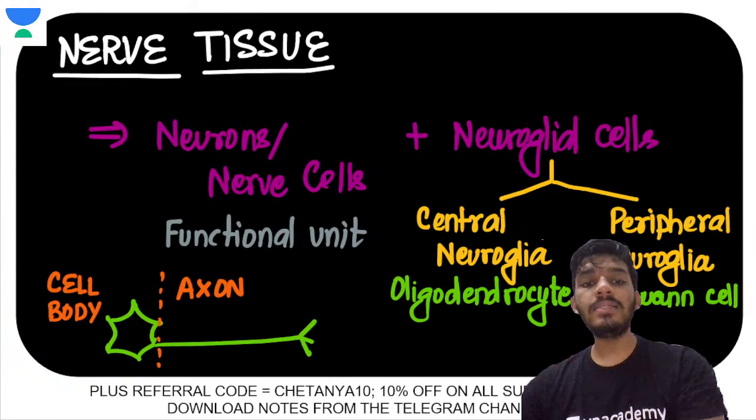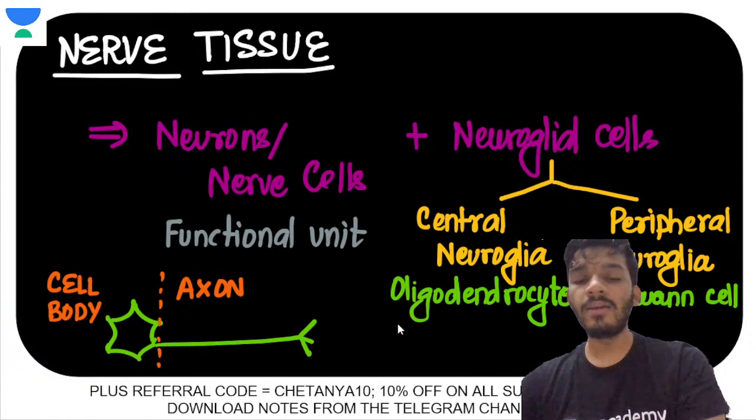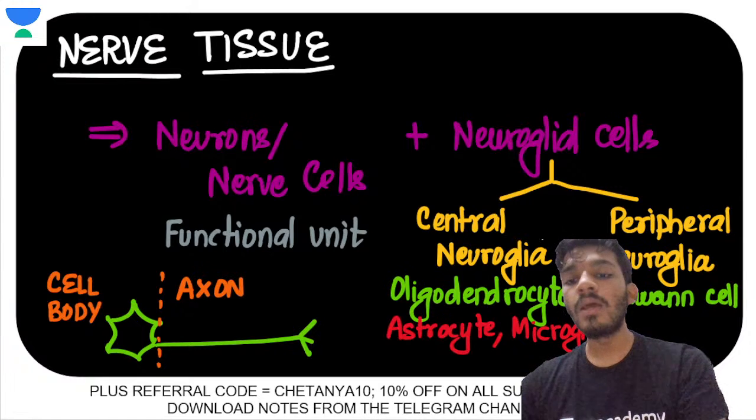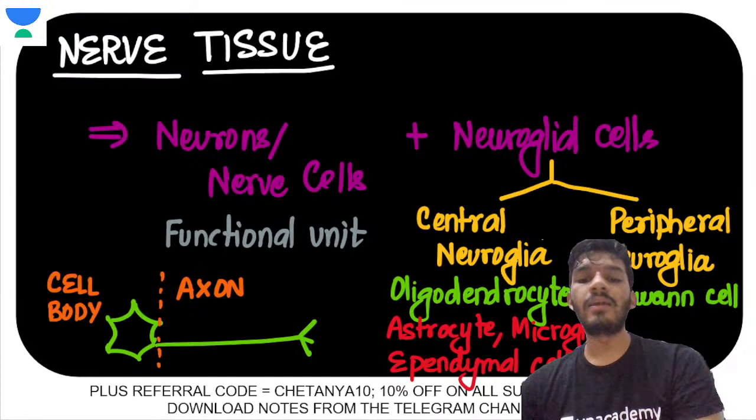Apart from that, in the CNS you have astrocytes. You have microglia, which are the only cells of the nervous tissue that are not derived from the ectoderm. And you have ependymal cells. You have four types of central neuroglia. Ependymal cells are responsible for lining the ventricles.